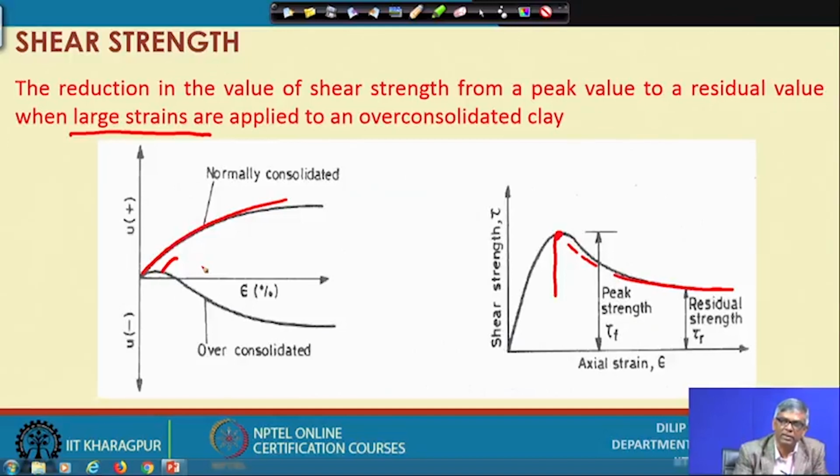Since volume increases, your pore pressure will be negative. So, for an over consolidated clay, this is the pore pressure measurement during the shear. There will be an initial increase of positive pore pressure, and then at some point negative pore pressure will continuously be observed during shearing.